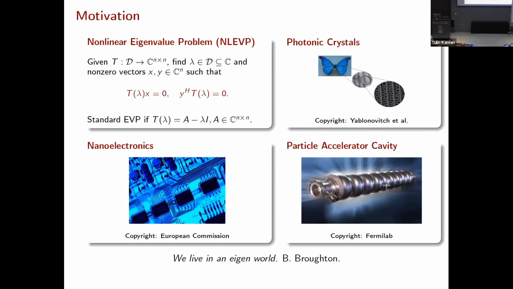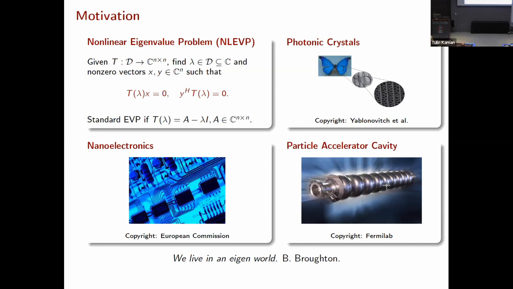So we have actually two classes of nonlinear eigenvalue problems. I will concentrate on the class where, given a matrix valued function T of lambda, it's a nonlinear eigenvalue problem in the eigenvalue, not in the eigenvector.